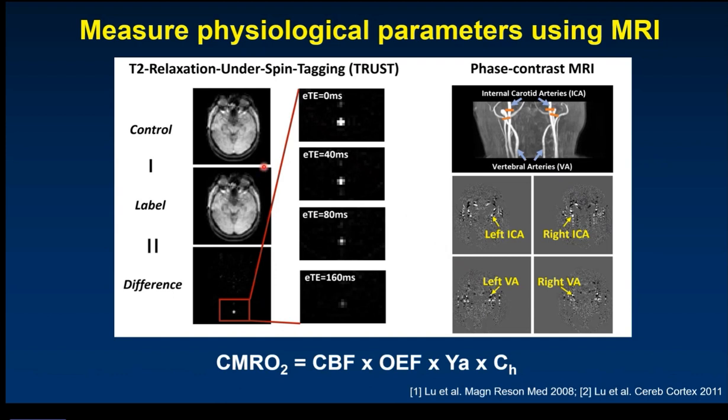We use TRUST MRI to measure the OEF, and we use phase contrast MRI to measure the CBF. And CMRO2 is calculated from CBF, OEF, Ya, which means the arterial oxygenation, and also Ch, which means the oxygen carrier capacity of the blood.